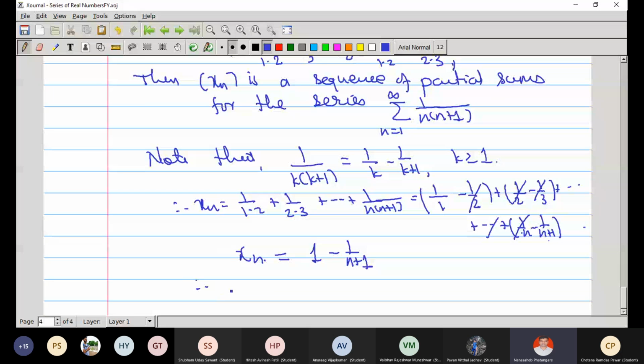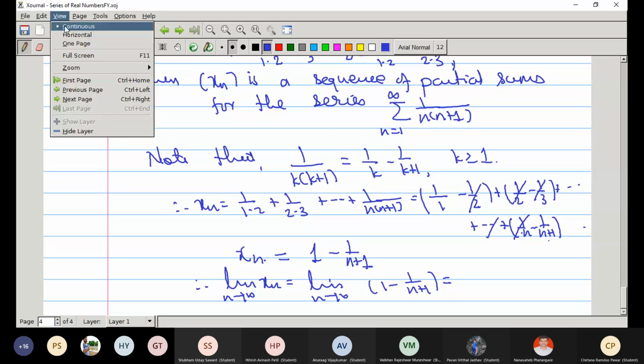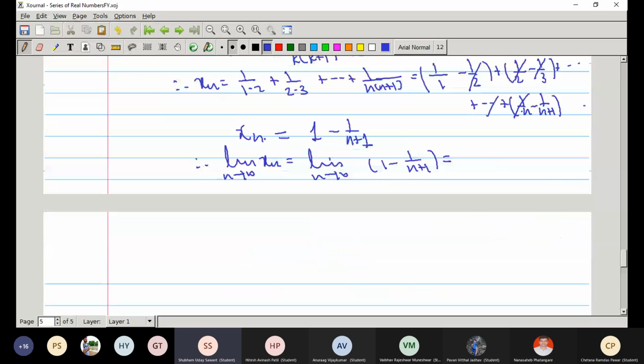Now let us see the limit of the sequence of partial sums: the limit of 1 minus 1 upon n plus 1. What is this limit? It is 1, because the limit as n tends to infinity of 1 upon n plus 1 is 0.